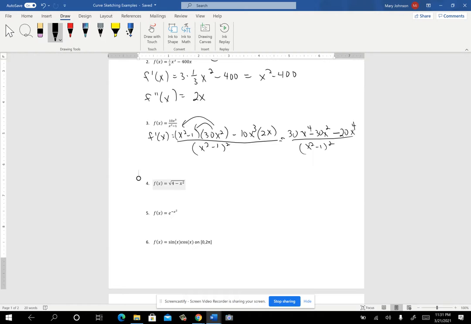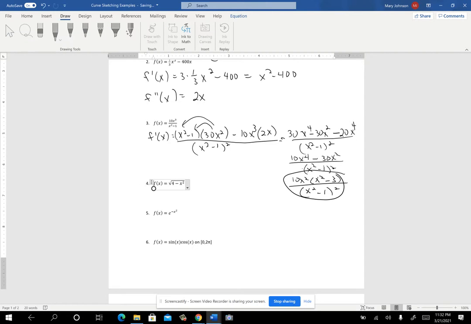So that's going to be 10x to the fourth minus 30x squared over x squared minus 1 squared. Okay, and then I could write it in factored form as 10x squared times x squared minus 3. So that's the first derivative in factored form right there.